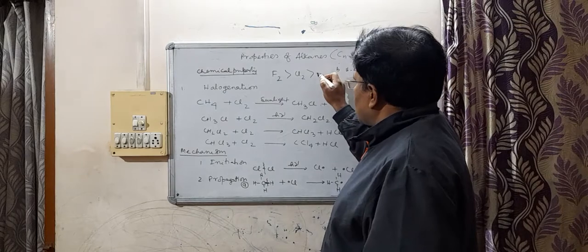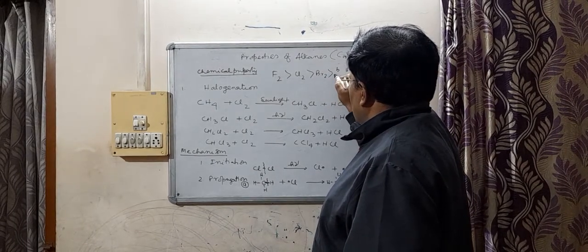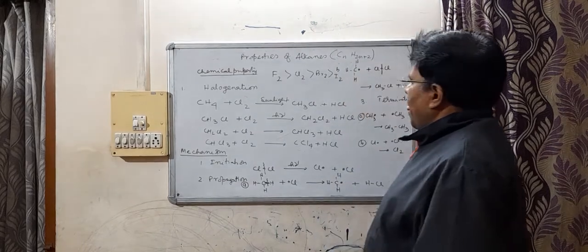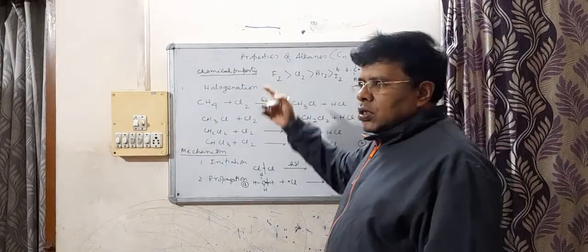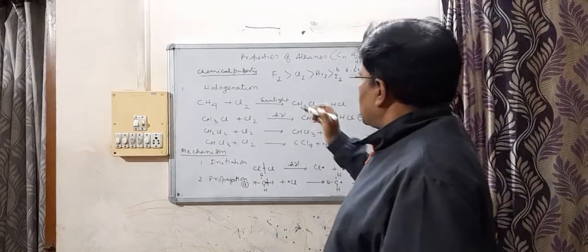Chlorination in turn is greater than bromination, and bromination in turn is greater than iodination. So this is the order of halogenation, and iodination is very slow.